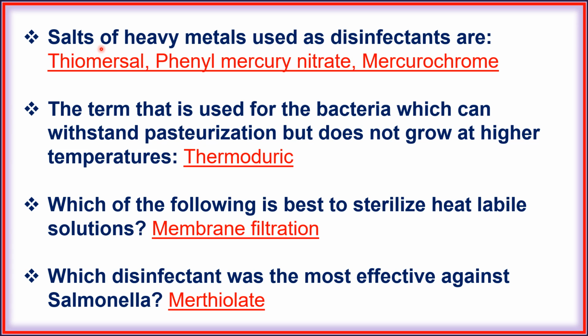Next, salts of heavy metals used as disinfectants are thiomersal, phenyl mercuric nitrate and mercurochrome. Next, the term that is used for the bacteria which can withstand pasteurization but do not grow at higher temperature is called thermoduric.